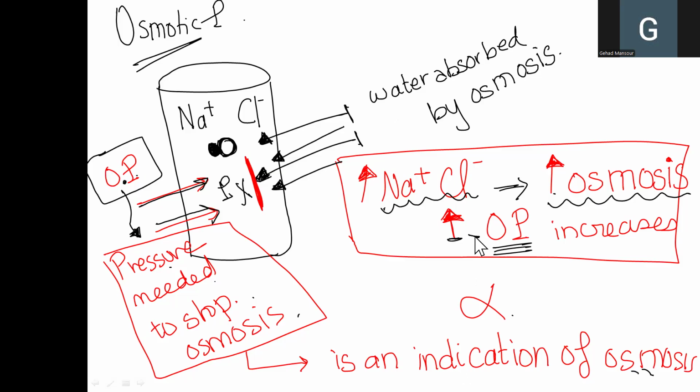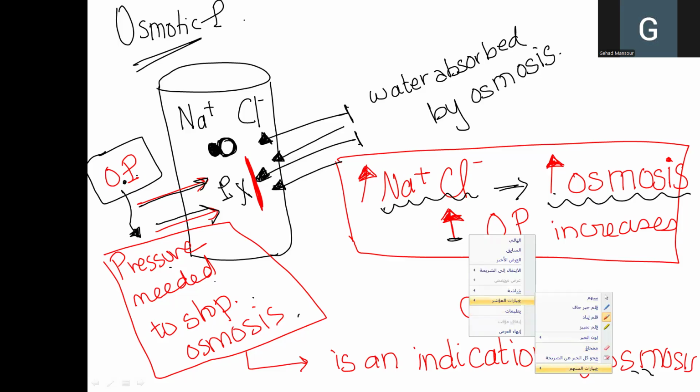So if this is the osmotic pressure, what is the oncotic pressure? The oncotic pressure is nothing but the osmotic pressure due to the plasma proteins.